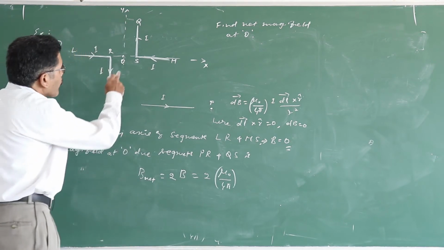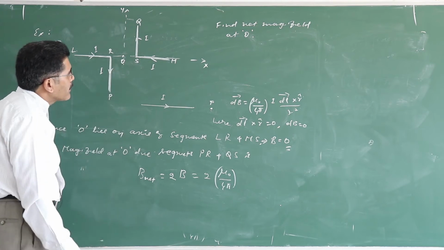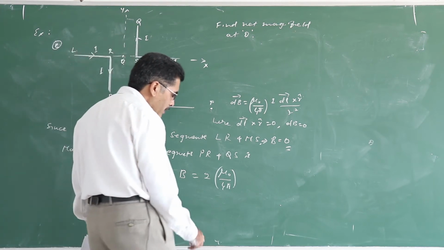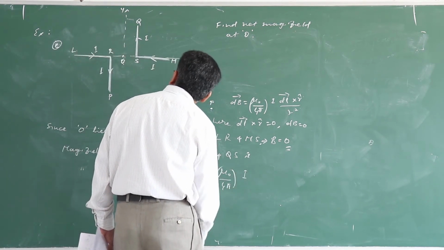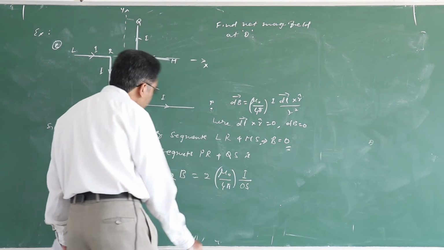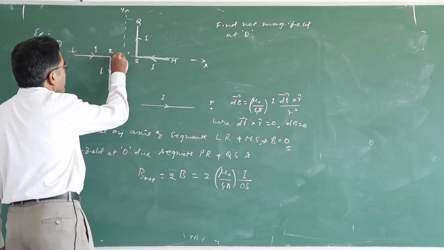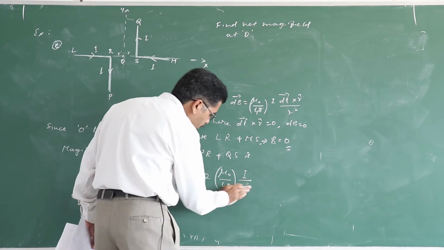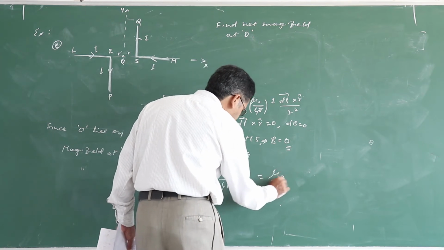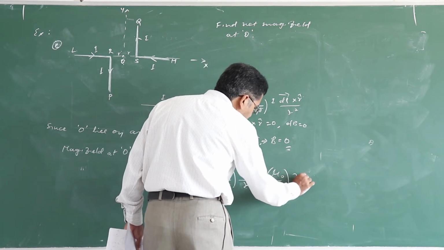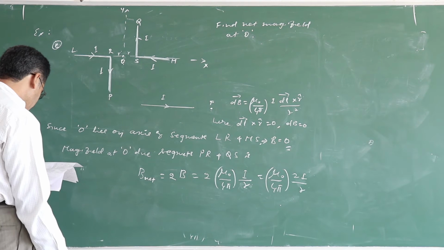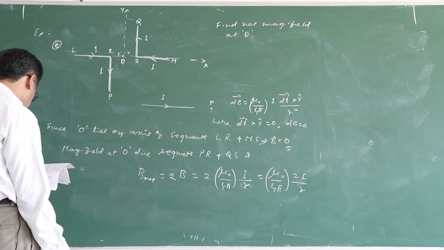Say this is at one end, so the angle is 90, and at the other end it is 0. So you are going to get mu naught by 4 pi I by OS, or R. If I take this distance as R, this comes out to be mu naught by 4 pi 2I by R. So if you know the value for current and the distance, you can easily calculate its value.